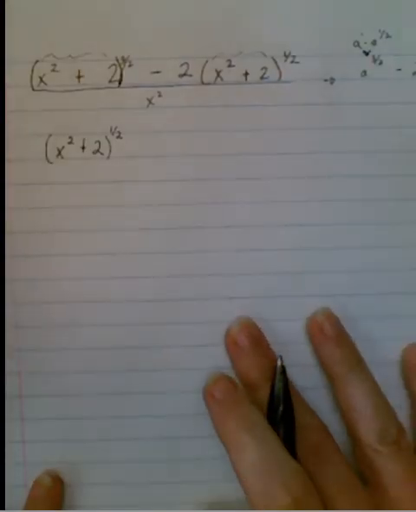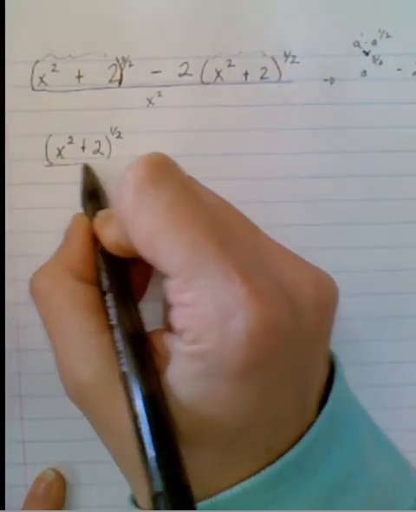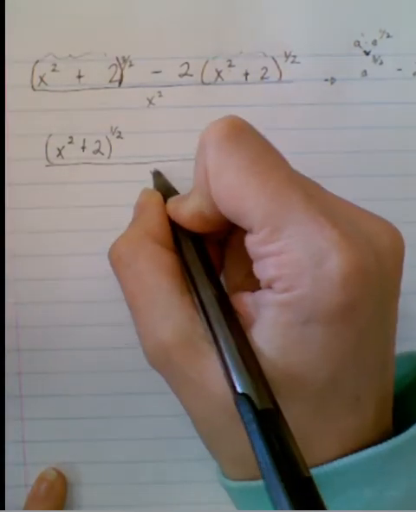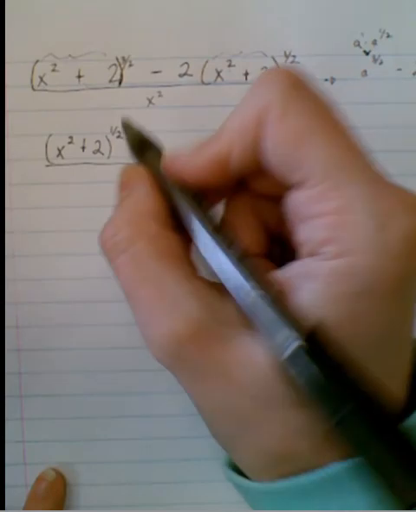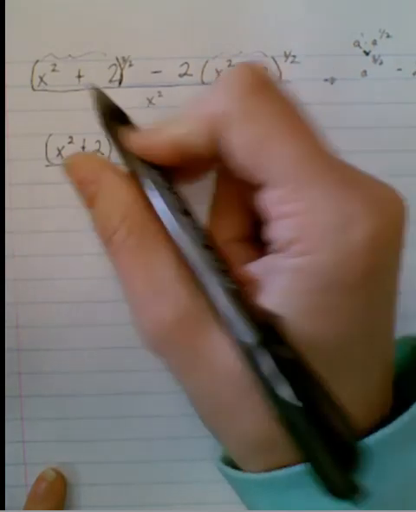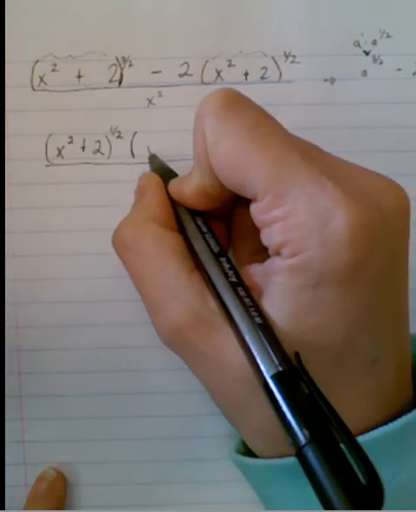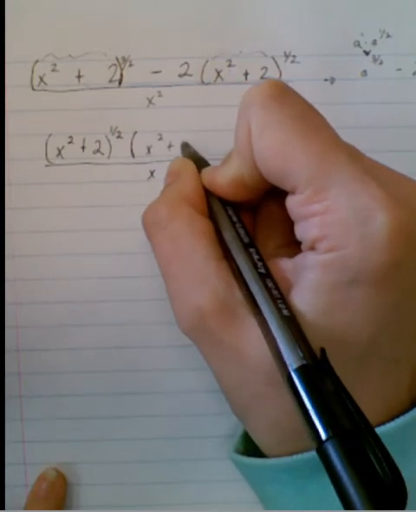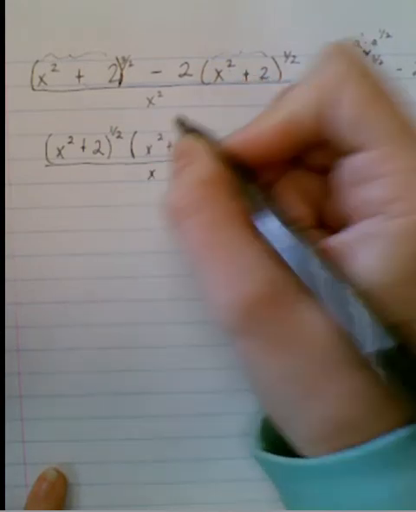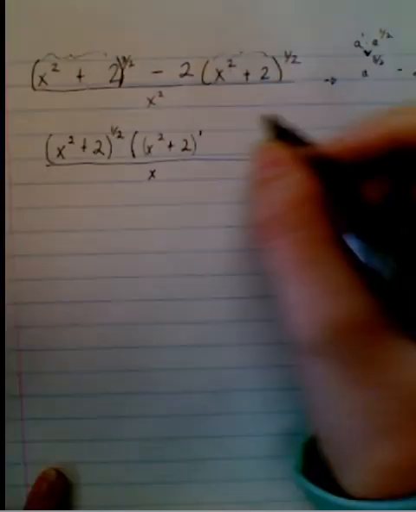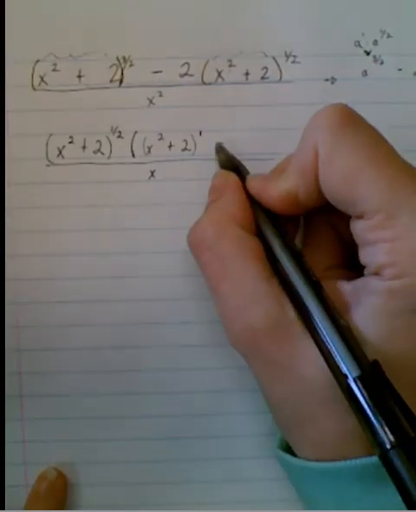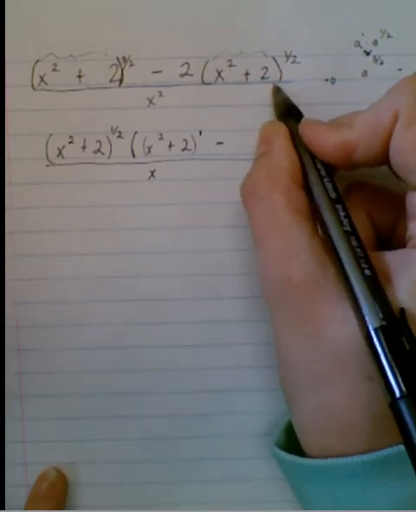Well, what am I left with when I do that? It's still all over x squared. Here, I'm left with, multiplied by the quantity, x squared plus 2, and that's all to the first, minus, well, what is this factored out going to leave us with? Simply a 1.